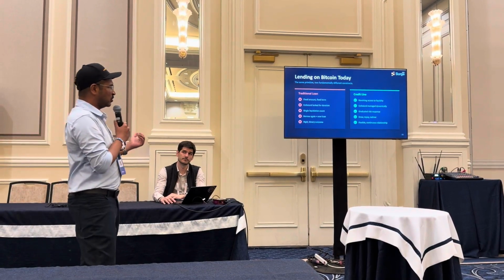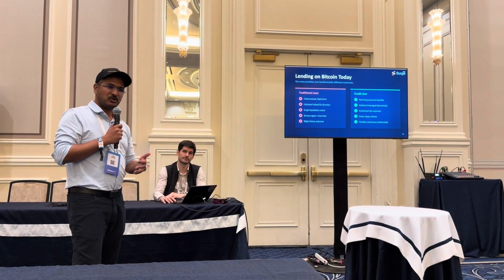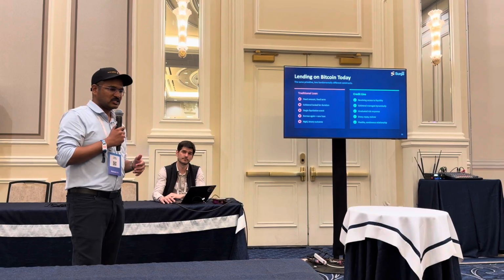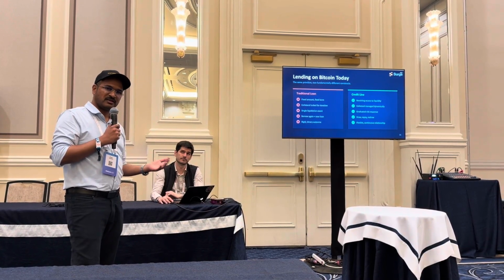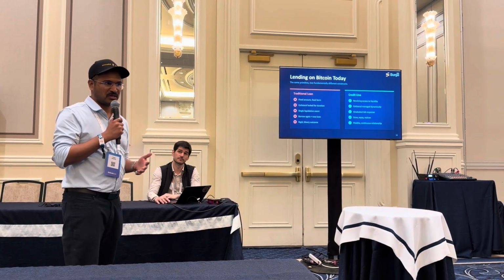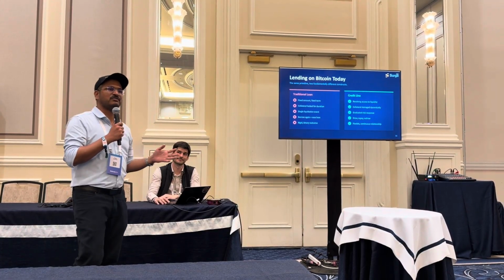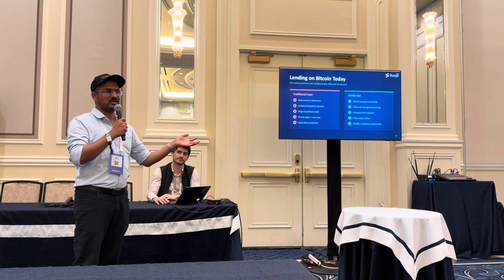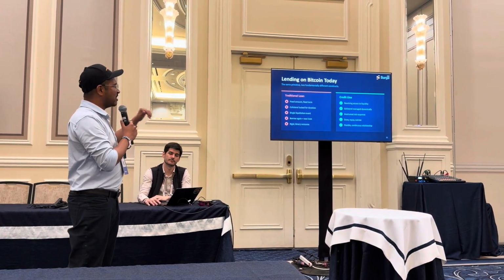So what happens in a loan? You have Bitcoin, you don't want to sell. You want to go borrow against it. So you go to a lender, you have your Bitcoin, and you have fixed terms. So let's say you go with a 6 month loan, or 1 month, or 1 year loan, and the terms and everything are driven by the lender because they have more leverage here. This is a fixed amount, fixed terms.